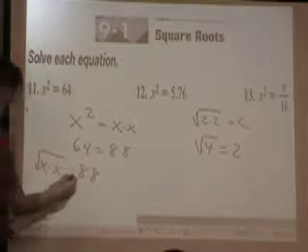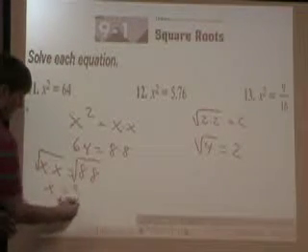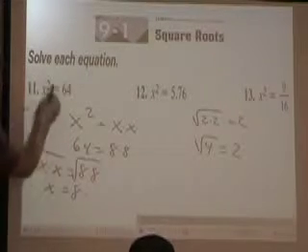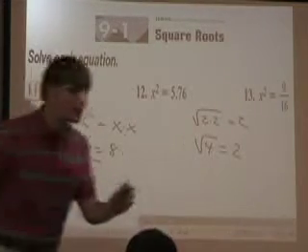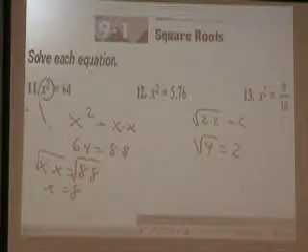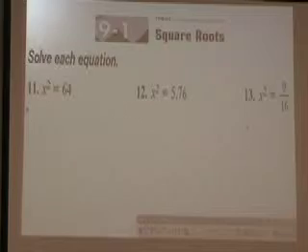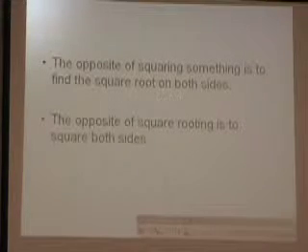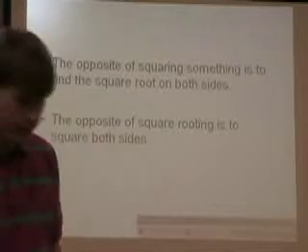X. And what's the square root of 8 times 8? 8. So when you want to solve an equation where it's squared, you do the opposite, which is to take the square root. So now I want you to write this down. The opposite of squared is to take the square root, and the opposite of square root is to square.